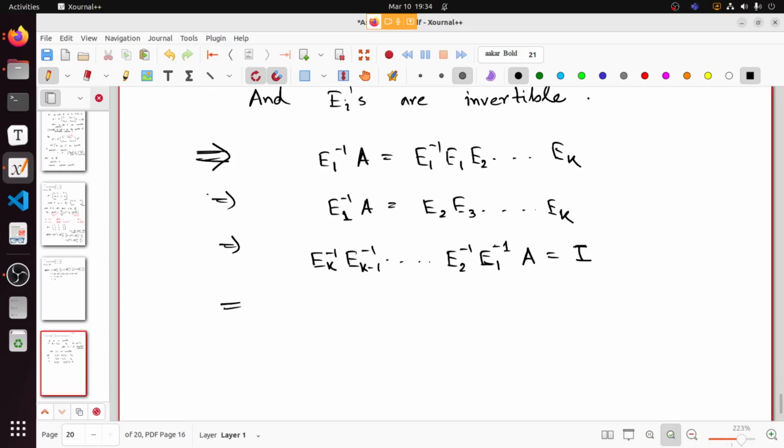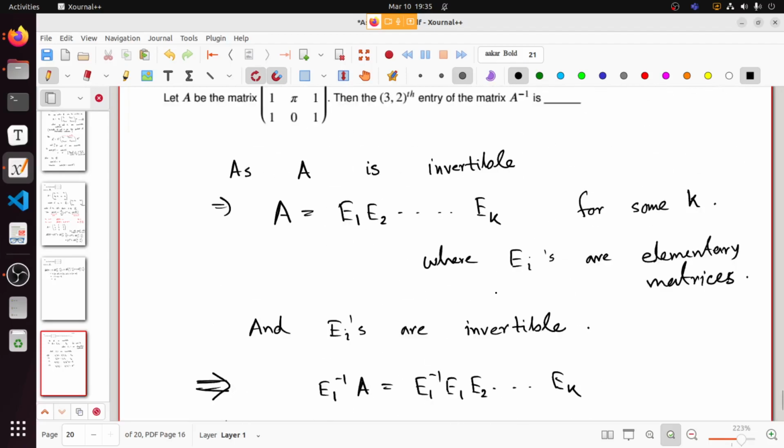As A is invertible, therefore Ek inverse Ek minus 1 inverse dot dot dot E2 inverse E1 inverse will be A inverse, right? So A inverse will be the product of the inverses of the elementary matrices. Here you can view this as this times I, right?